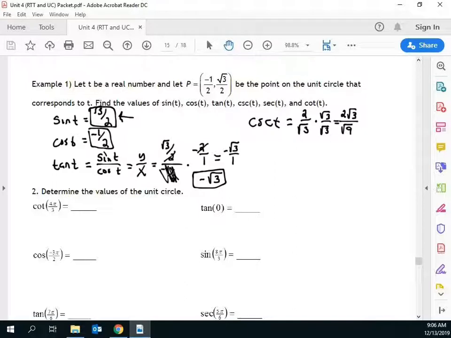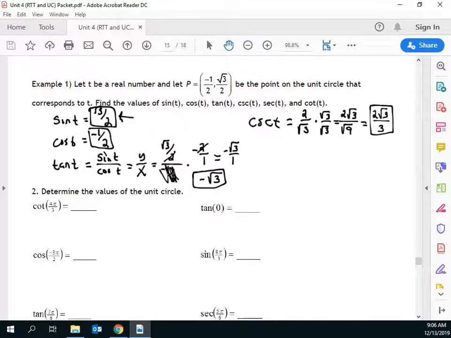And do we know what the square root of 9 is? 3. So basically the cosecant part just flip it over. Now it's a little extra work because now you have a square root on the bottom, but it's doable.